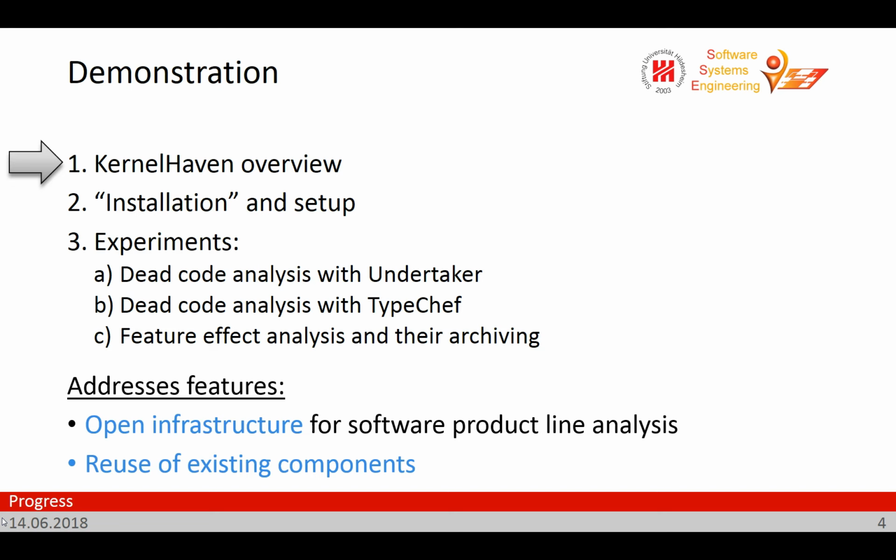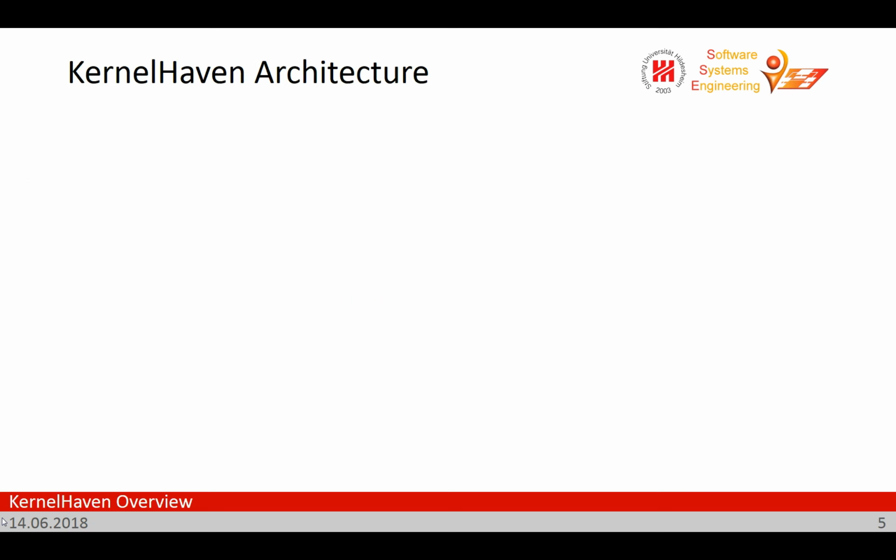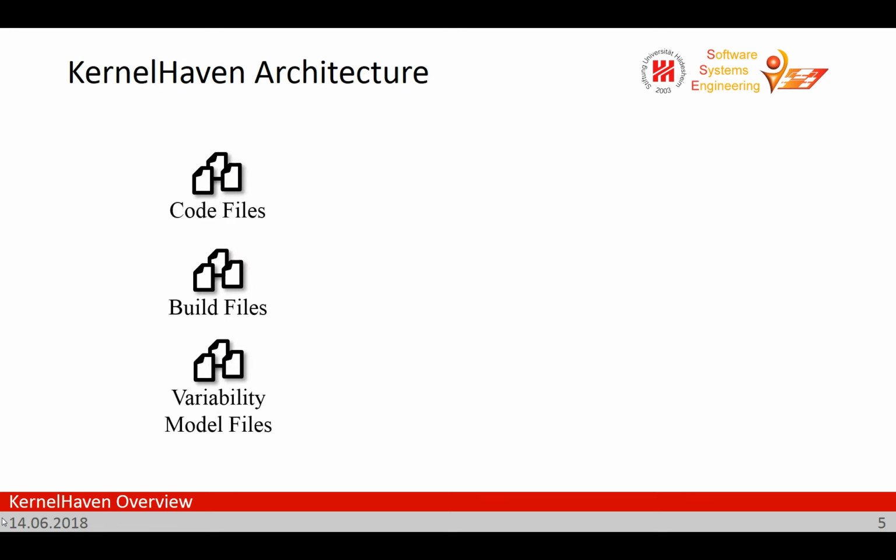So let's start with the KernelHaven overview, which addresses the features presented earlier, like open infrastructure and reuse of existing components. What we typically do in software product line analysis is to extract information from certain types of artifacts. Typically these are code files, build files, and variability model files.